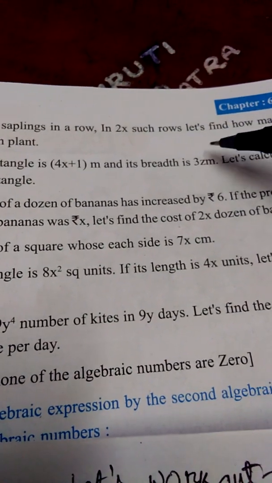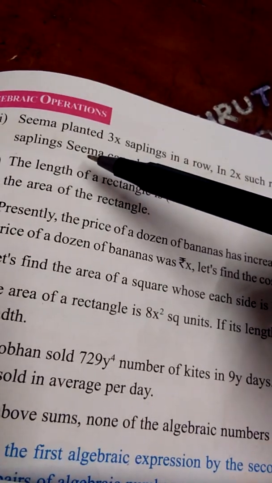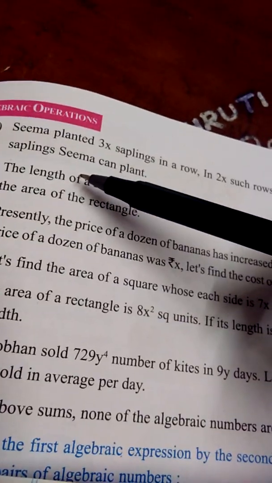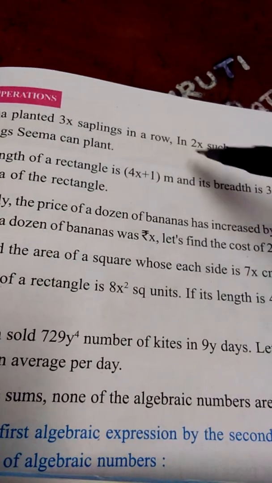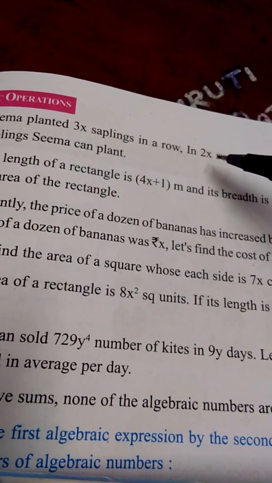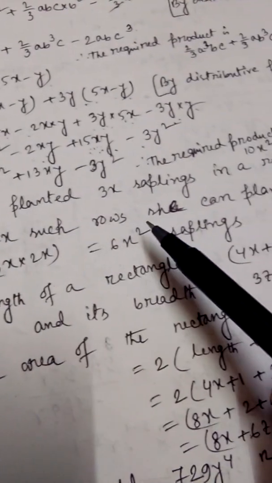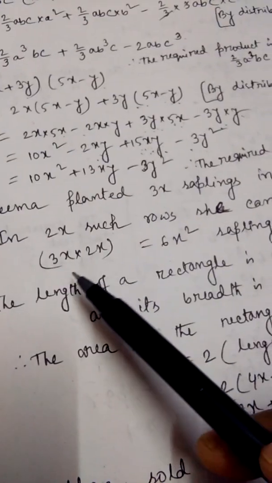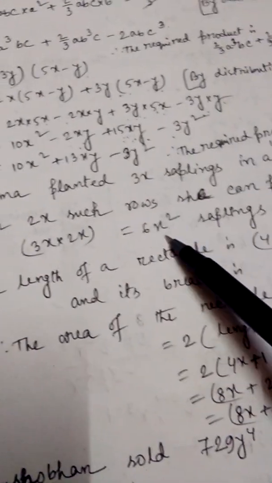In this case, we have to multiply 3x and 2x, then we will get the required result. Therefore, we write here: Shima planted 3x saplings in a row. In 2x such rows, she can plant 3x into 2x equal to 6x square saplings. Here is the answer.